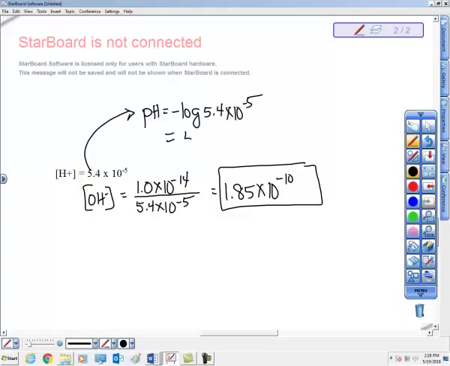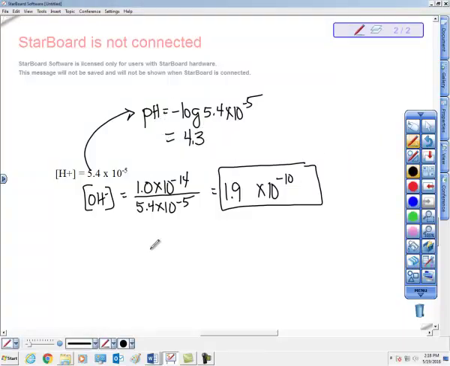Cool. Answer was 4.27. If you're worried about the sig figs, I suppose I should be reducing to 2. So I didn't really do that very well down here. I should probably be saying 1.9 down here, and over here I should probably say 4.3.